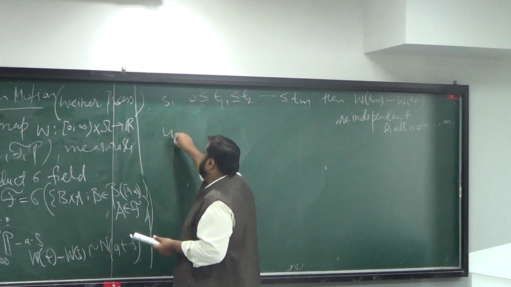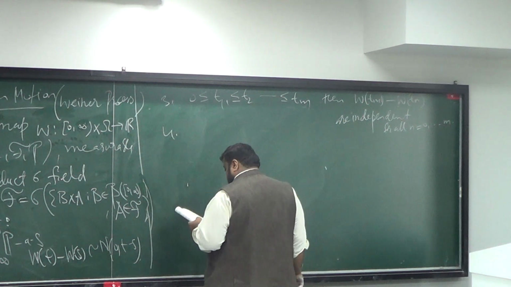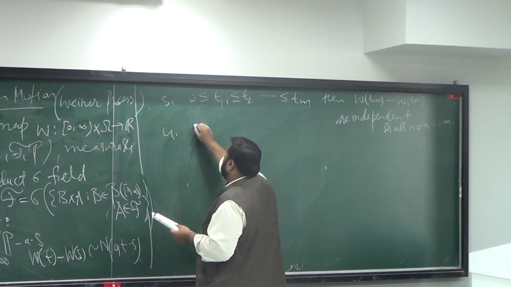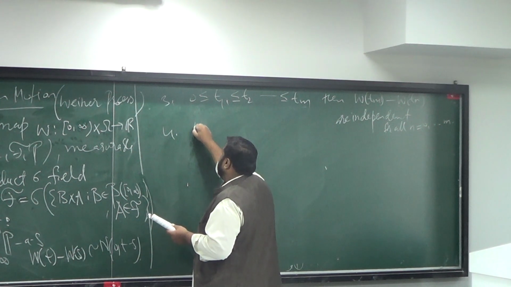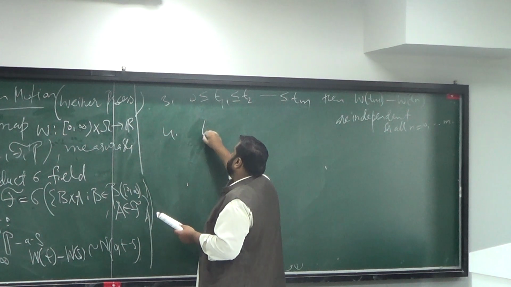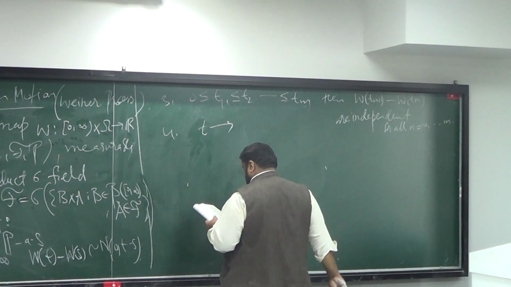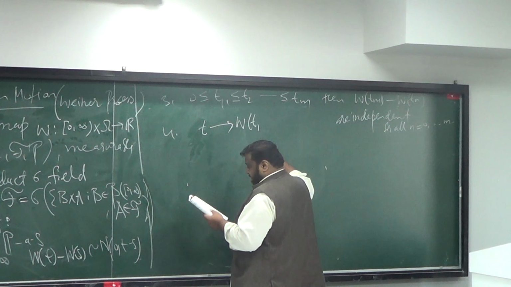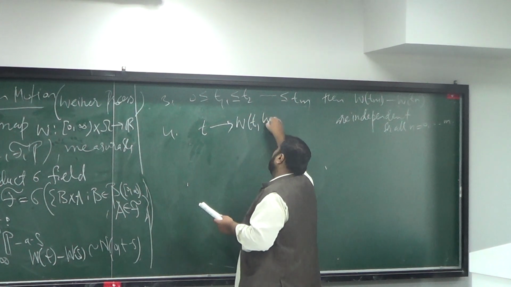And the fourth property is that each trajectory, over all times, so this is a map from t to W_t(omega).